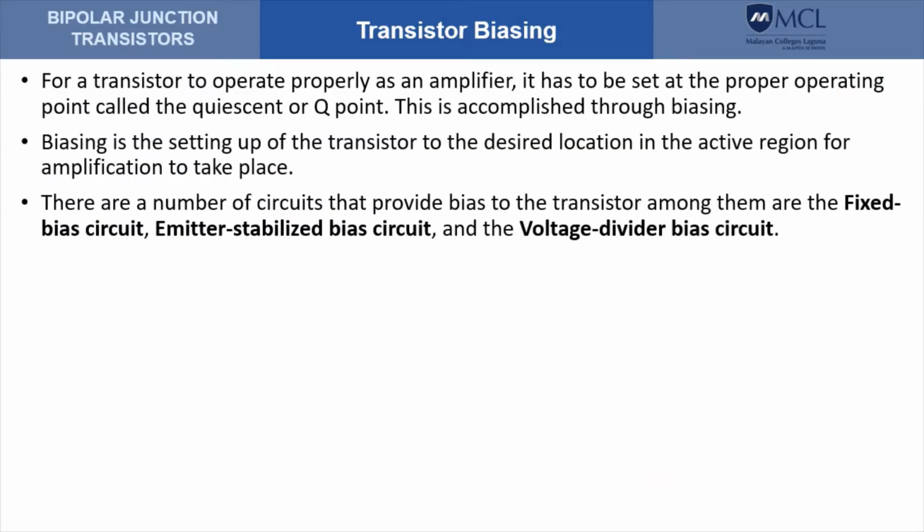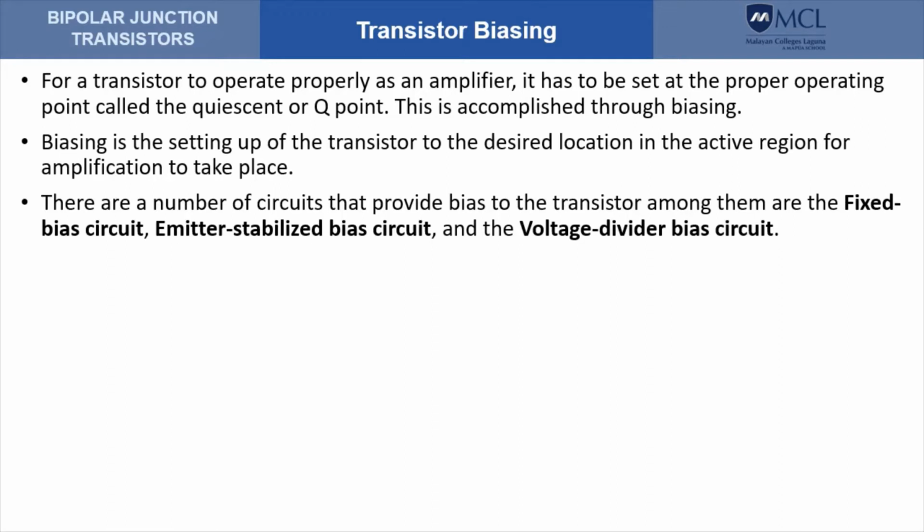For a transistor to operate properly as an amplifier, it has to be set to its proper operating condition, or what we call a quiescent or Q point. This operating condition is accomplished through what we call biasing.